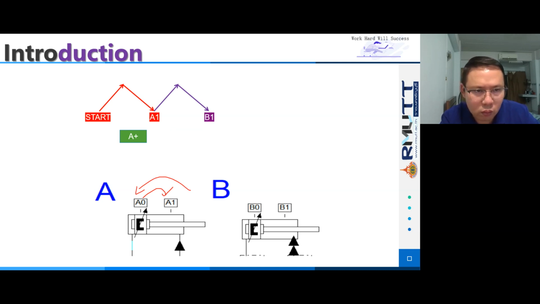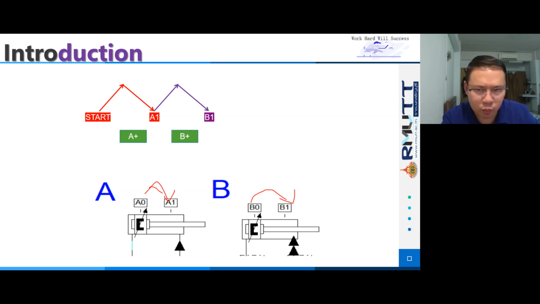Oh, sorry. When the air stream arrived in the A1 position, the air stream of cylinder B works, moving from B0 to B1.